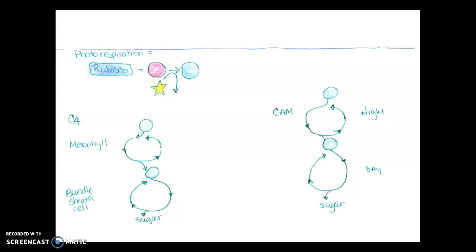But photorespiration, if you'll recall, uses oxygen instead of carbon dioxide to complete photosynthesis and create sugars. And this is problematic for the environment because when you're taking oxygen out of the environment and replacing it with carbon dioxide, that's the same thing that we do in cellular respiration.